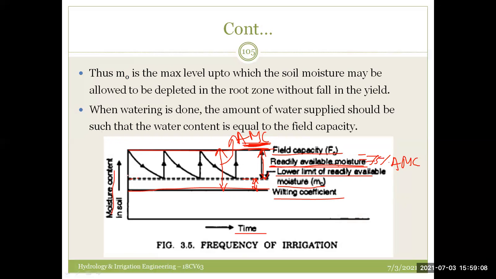And here you can see that when you irrigate for the first time, the moisture content will be at field capacity.